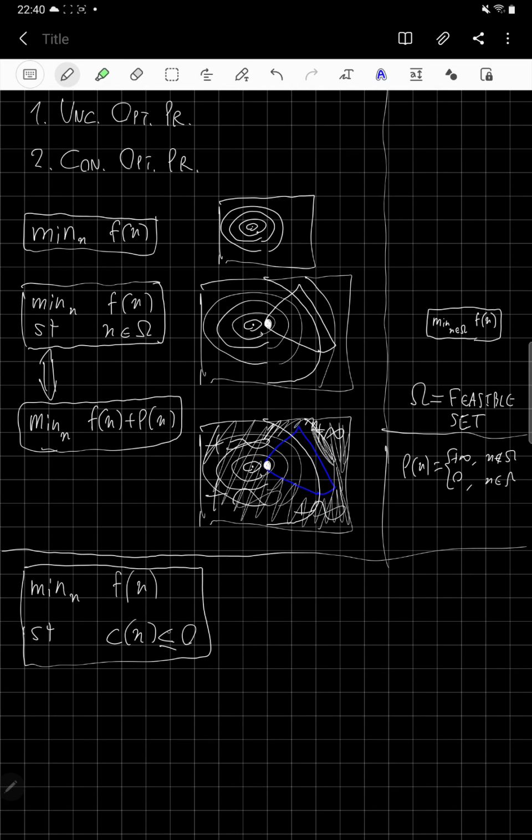Here we're not going to have equality constraints, we just have inequality constraints. So here our set of feasible points is going to be x such that c of x is smaller than 0. Apologize for the size here. So the c of x is negative.